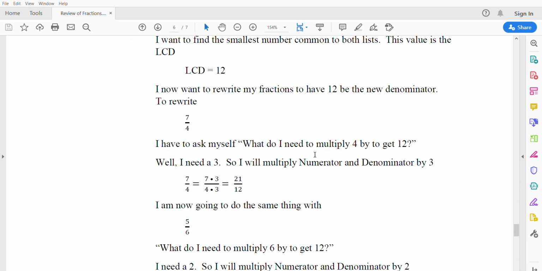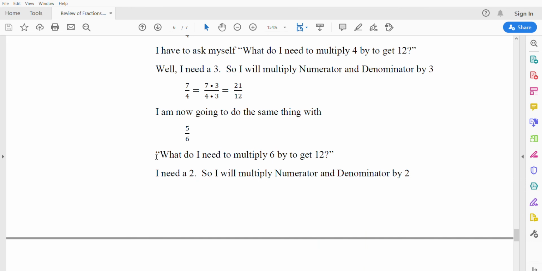I am now going to do the same thing with 5 over 6. I ask myself, what do I need to multiply 6 by, that's the bottom number, in order to get 12? That's my least common denominator. In this case, I need a 2.